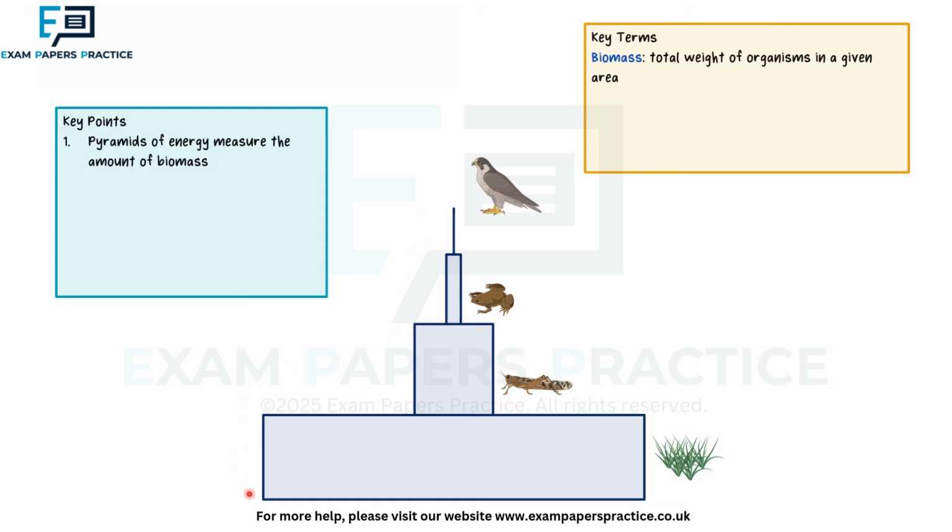Scientists use energy pyramids to measure the energy in an ecosystem by assessing the biomass produced in a given area over a year. The size of the boxes in each level of the pyramid indicates the relative amount of biomass contained at each level. It's often measured in grams per square meter per year.